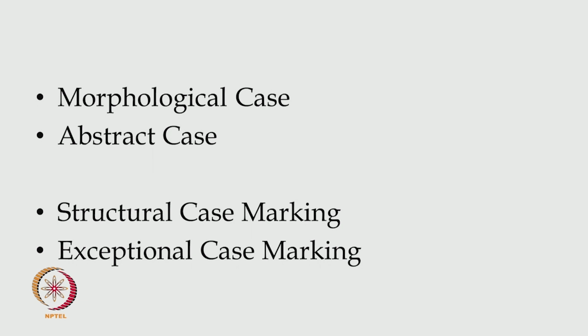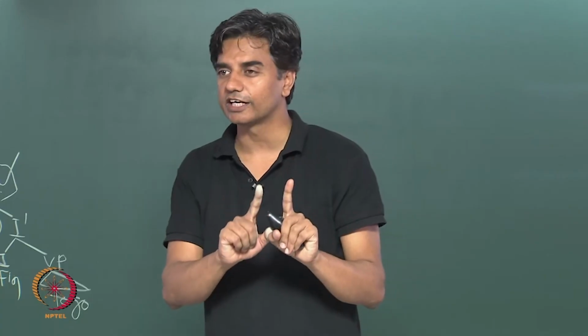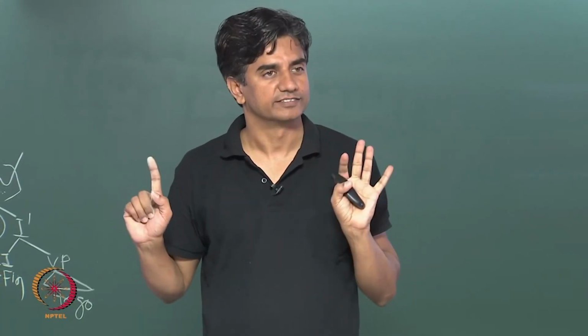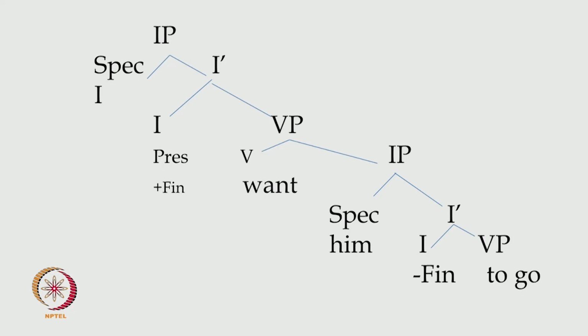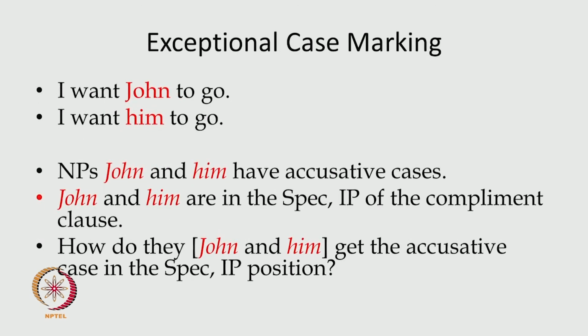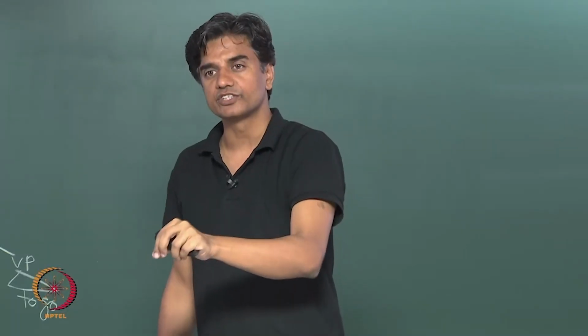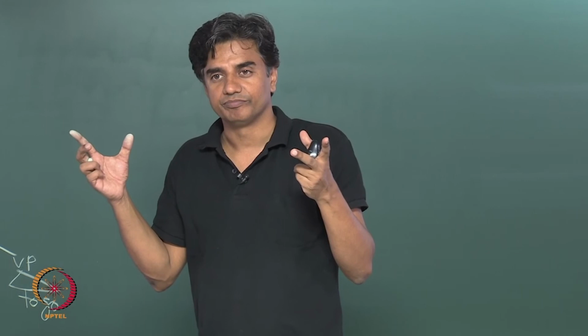At the end of it, I want you to know these terms with clarity: what we mean by morphological case and what we mean by abstract case. Okay? So, look at this sentence. In sentence number 1, "I want John to go," John is an example of abstract case. That is, accusative case appears on John in an abstract way.